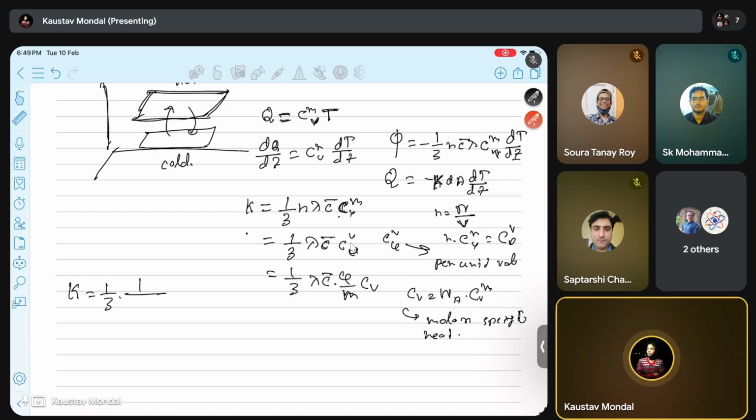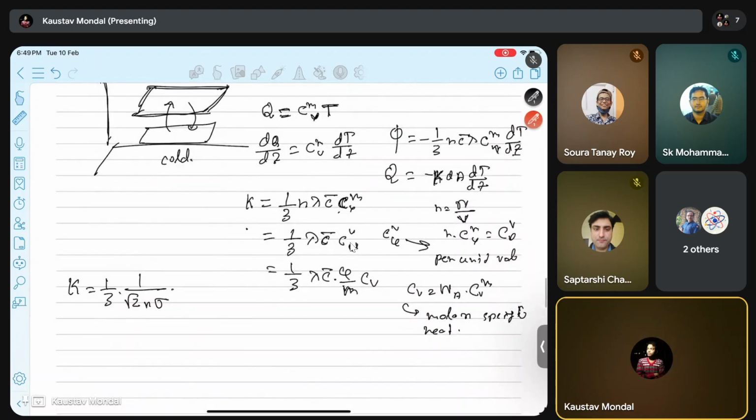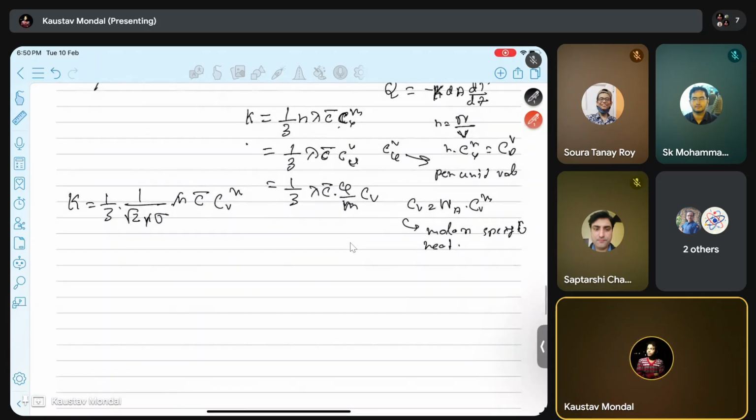You can substitute 1/(root 2 sigma n) for lambda, n c-bar into C_mV. Here n will cancel, so you get 1/(3 root 2 pi d squared) c-bar into C_mV.